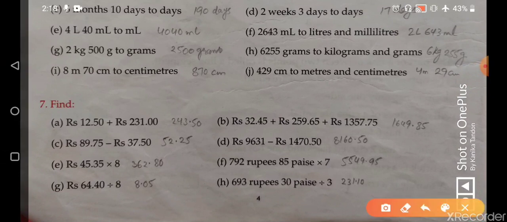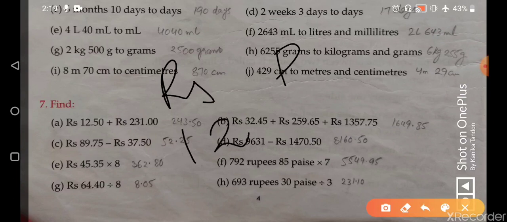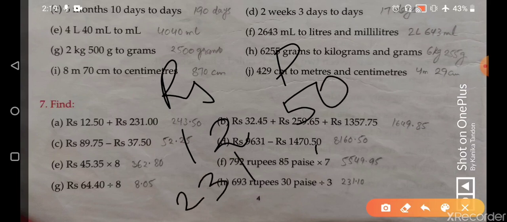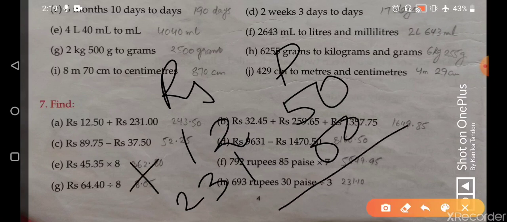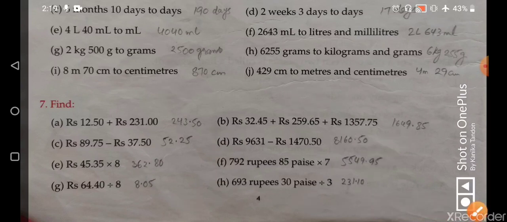In this question, what you have to do is write rupees and paisa like this, 12.50, and this will be 231 and 00. When we add, we write the correct answer, 3, 4 and 2. So it will be rupees 243 and 50 paisa.